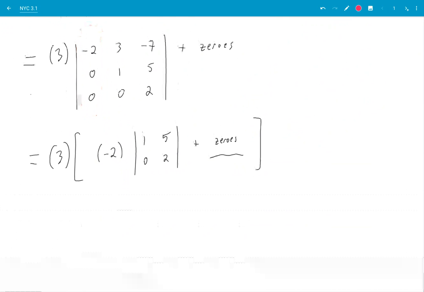And you treat this 3x3 as a standalone 3x3 determinant. You do its own diagram, which tells me there's a plus here.